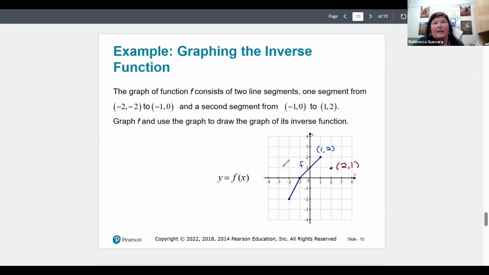This point over here that we have at -1, 0, x and y would switch and we would have a point at 0, -1. This point we have right here at -2, -2 would flip, and that means that I would also have a point here at -2, -2.